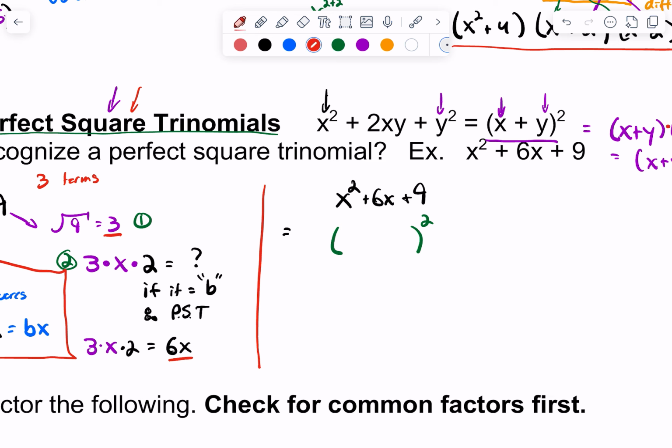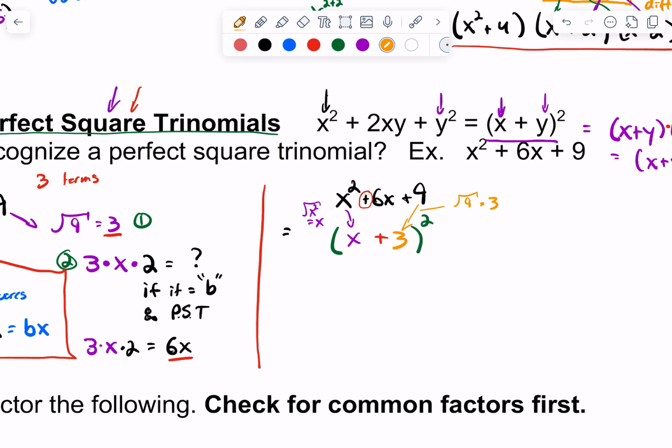Whatever the sign is on the b term, that goes here. If this was a negative, this would be a negative. But in this case, it's a positive, so we put a positive here. And then what goes right here is the square root of the first term, so in this case, it's x. And whatever goes here is the square root of the back one, so in that case, it's 3.